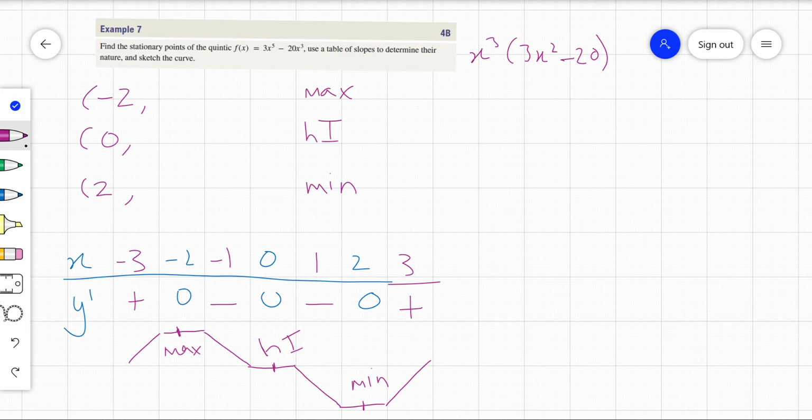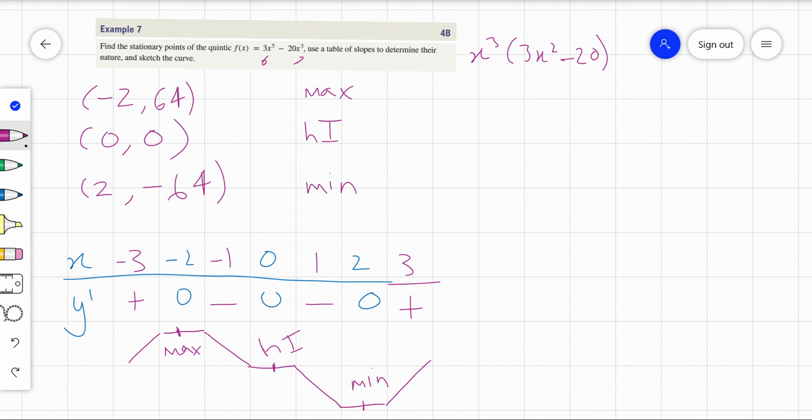So minus 2 squared is 4, 4 3s are 12 minus 20, and then I've got the x cubed, so I think I'm going to get 64, but please check in your calculators. When I put 0 in, easy from that one, 0, so I'm going to get 0. And then when I put 2 in, I should be getting the same but negative, so negative 64. Please check those in the calculator.